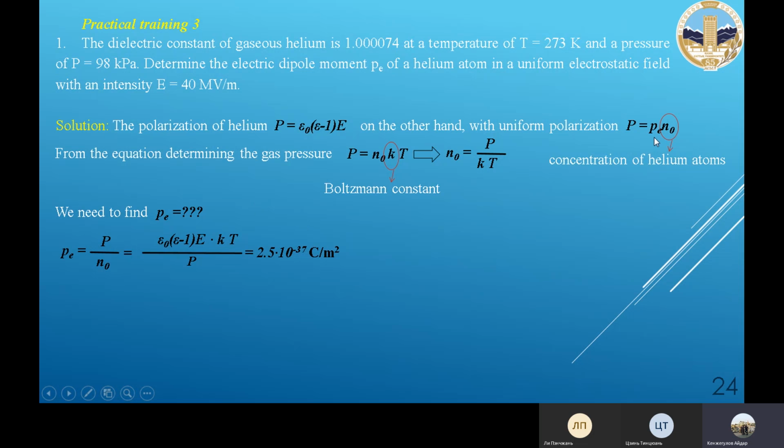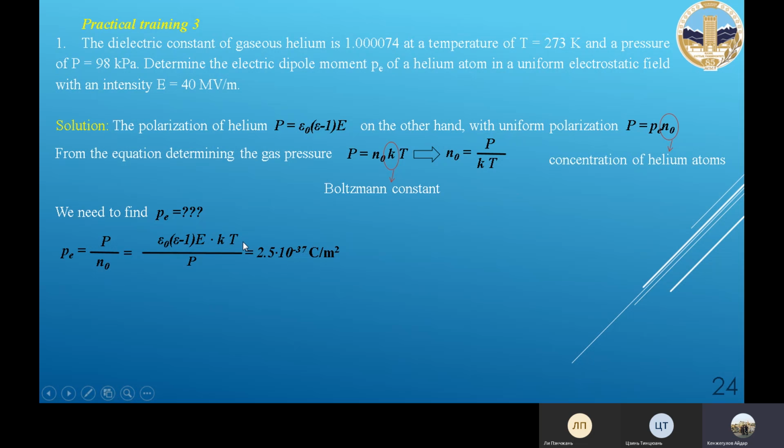So we need to find the dipole moment here. This is the dipole moment formula, and the polarization we put in this formula, and for the concentration we put this formula.